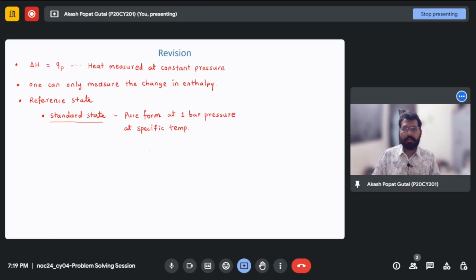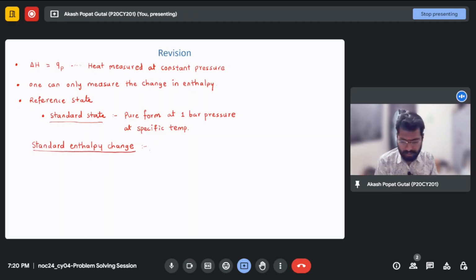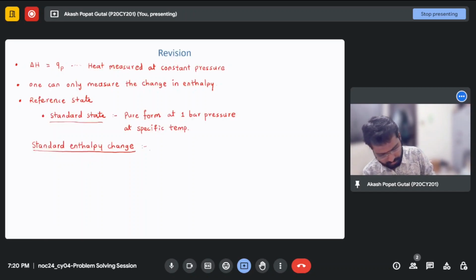Okay. And the definition of standard enthalpy change can be given as follows. We consider our system initially at 1 bar and a certain temperature T. This will be called our standard state.